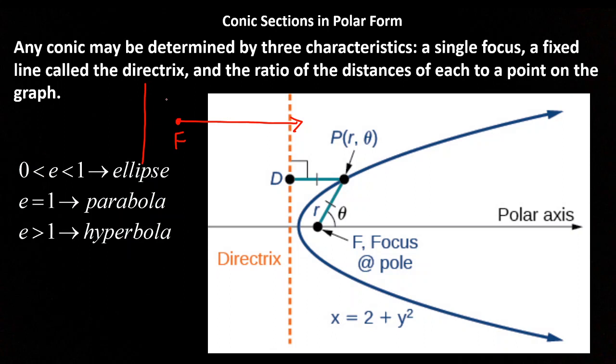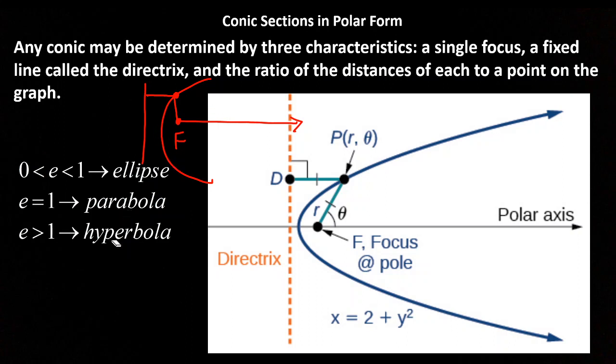So for example, if we define a parabola like this, then what we have is what? All the points will have the ratio of what? This distance over this distance would be 1. If that's the case, then we have a parabola in polar form.